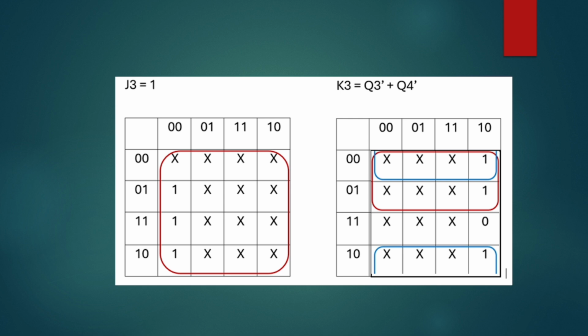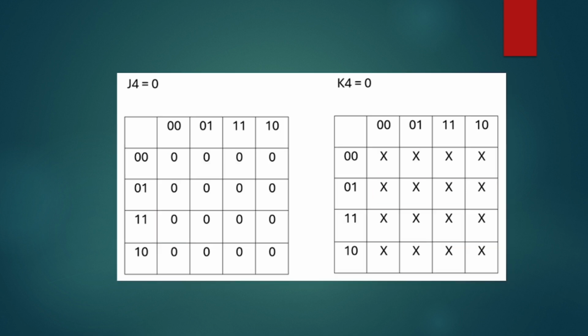The input of J3 will be equal to 1, while K3 is Q3 bar or Q4 bar. And this is our J4 and K4. The input for J4 and K4 is the same, which is 0.